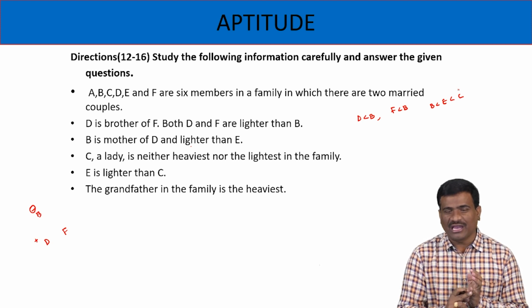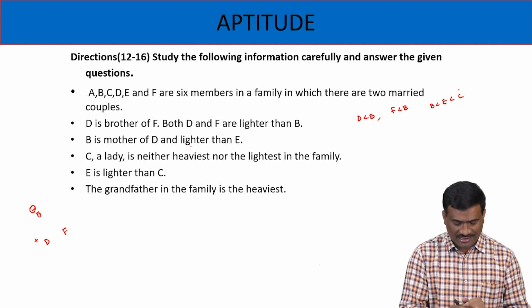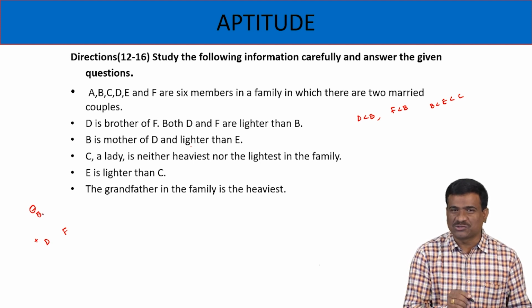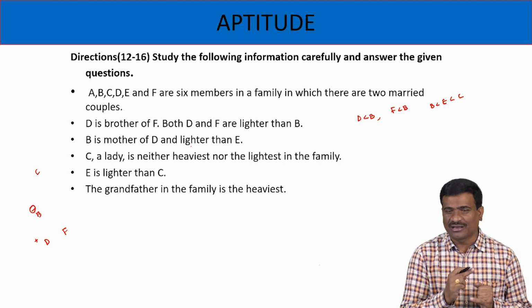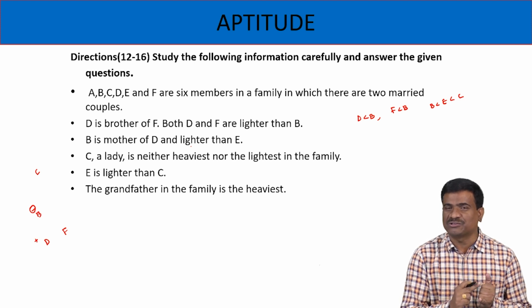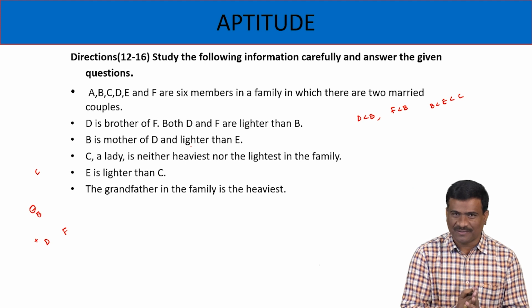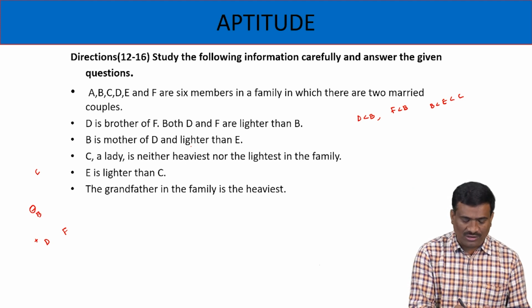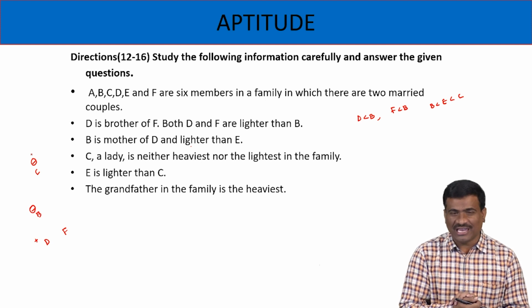Pending are A and C, and E, but C is a lady. Here 2 couples, so that is not possible. C is possible only as a grandparent, since there is a grandparent, parent and children. But B is already the mother, so C cannot be a parent. C is a lady, so grandparent means grandmother. Next, A and E are the only 2 possibilities.